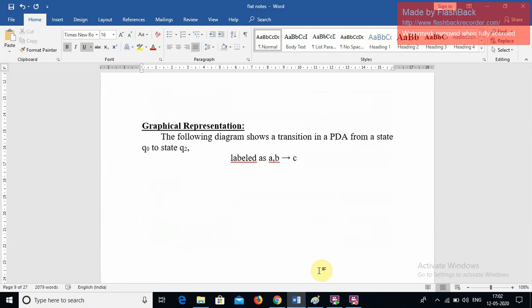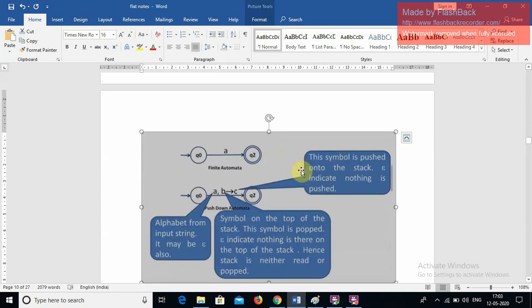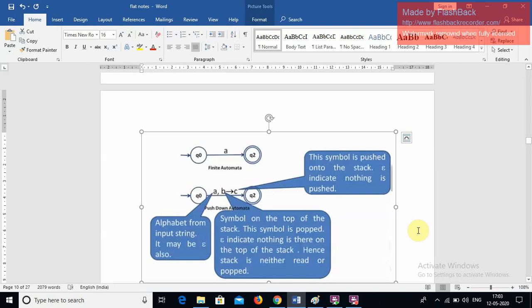Graphical representation is important for any machine. In the graphical notation, the PDA transition can be defined like this: a comma b to c, b arrow c, so that can be graphically defined.